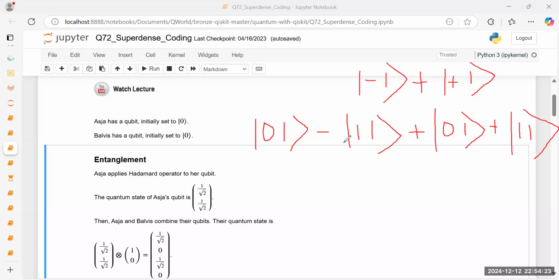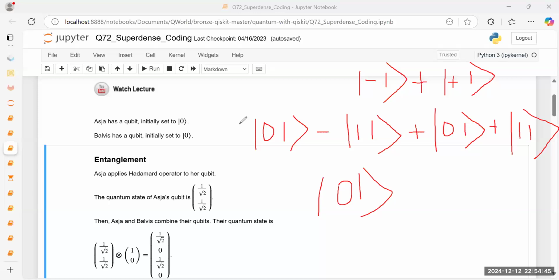Whereas the 1, 1 state has a negative sign here and a positive sign here. So these states are going to interfere destructively. So 0, 1 plus 0, 1, we're going to get 0, 1. And then these cancel themselves out.